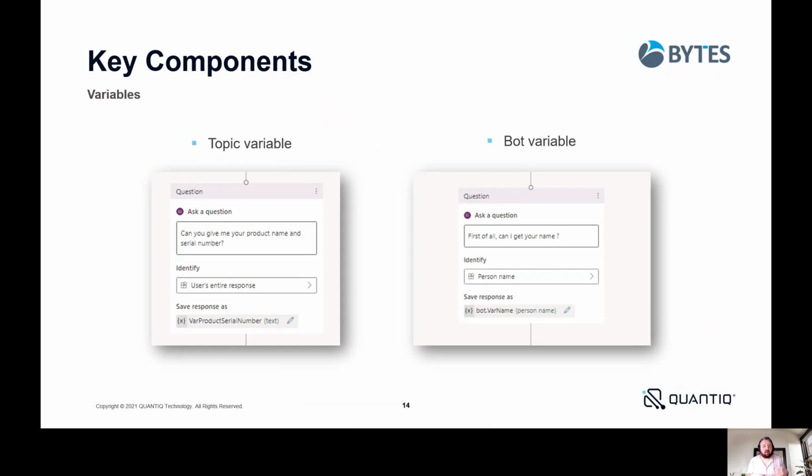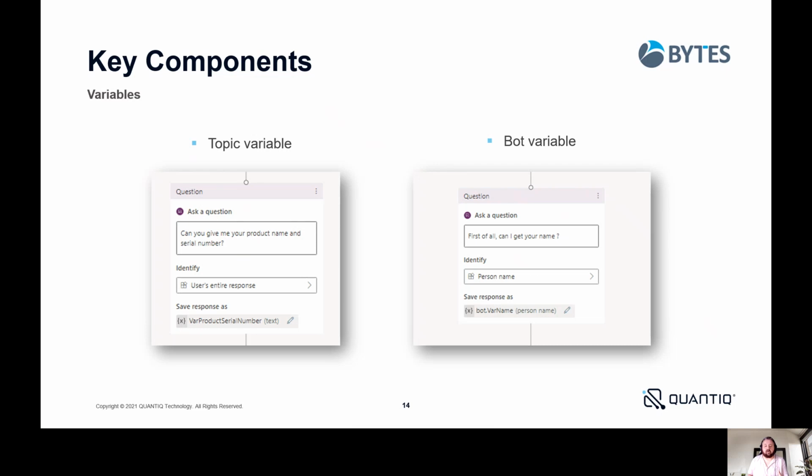Something that I've mentioned a couple of times already is variables. There are two types of variables in Power Virtual Agents. We have topic variables and bot variables. A variable, in simplistic terms, is a piece of information that's captured and then can be stored and reused. The difference between a topic and a bot variable is that the topic variable value can be used again inside the same topic.